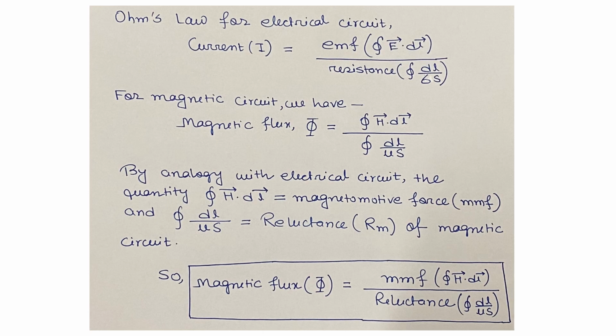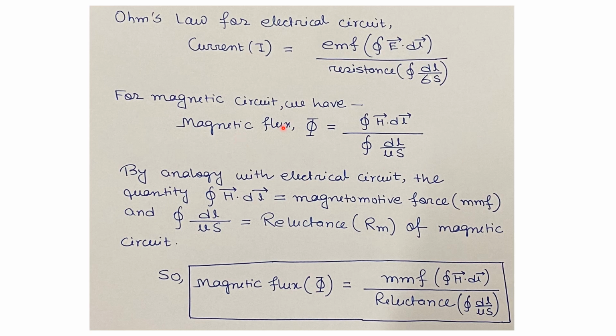Now according to Ohm's law for an electrical circuit, we know the current passing through a circuit I equals EMF by resistance, where EMF is the electromotive force, defined as the closed path integral of the electric field vector inside the conductor, and the resistance is the closed path integral of dl by sigma S, where sigma is the conductivity of the material and S is the cross-section area.